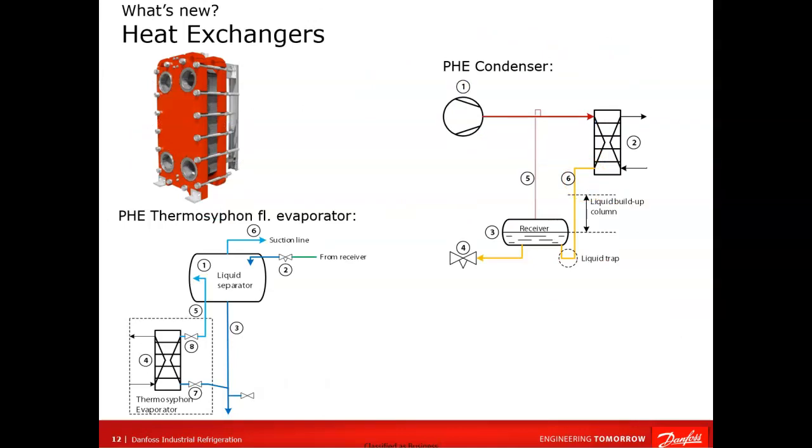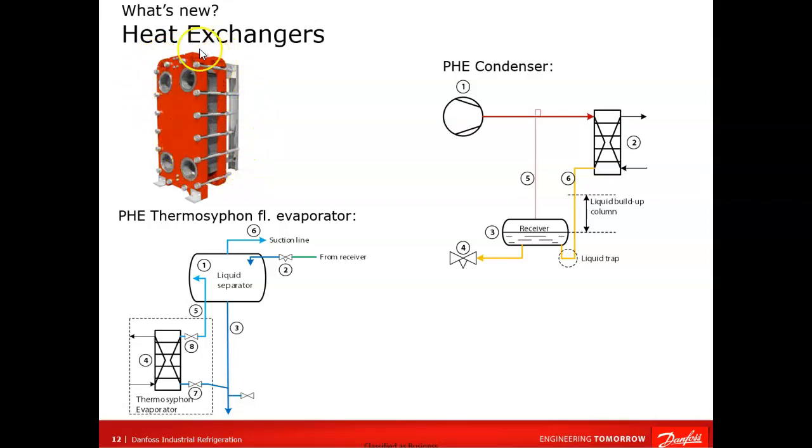There are also some new applications which we have released now. These are heat exchangers for industrial refrigeration applications. This can relate to semi-welded plate heat exchangers that were launched a couple of years ago.